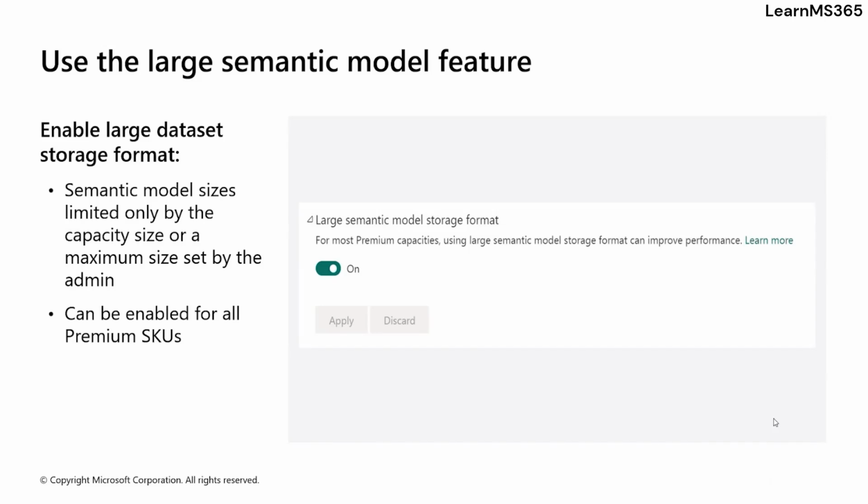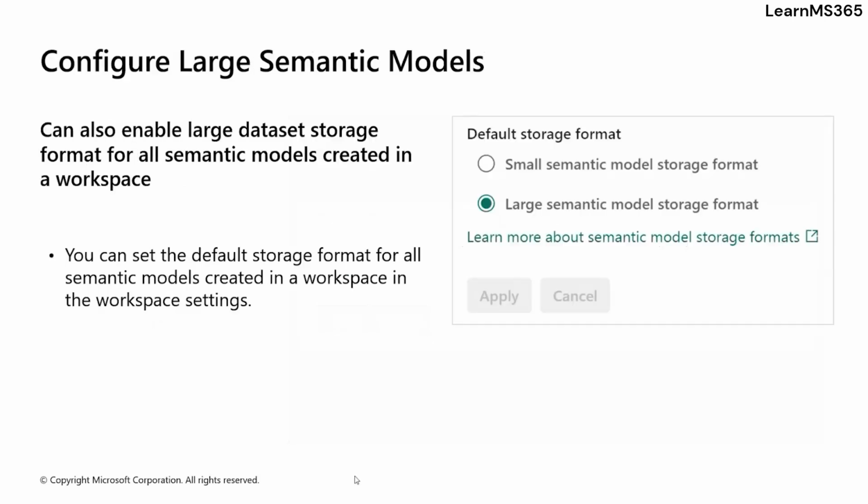Now, how can we enable the large dataset storage format for a single dataset? In the dataset settings in Power BI service, we can toggle the slider to on and then select Apply, like it is shown in the figure on the slide.